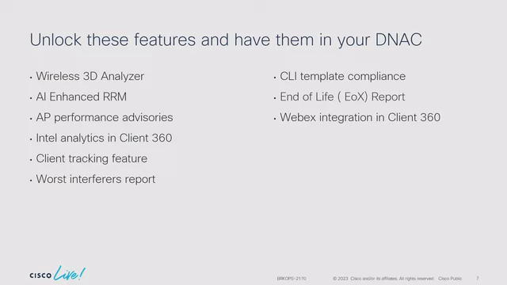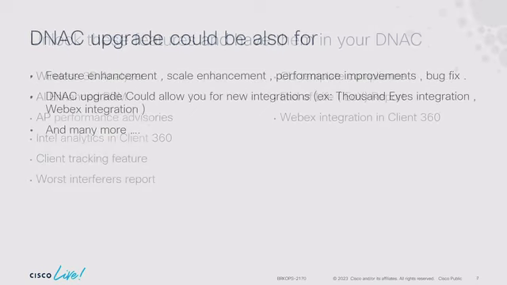Or because it's 2, there is no big difference? It's a huge difference. 2.1 is different from 2.2, which is different from 2.3. Let me tell you, 2.2 something is different from 2.2 something else. So with DNA Center, you really need to be on the recommended release so that you are unlocking all the capabilities and possibilities you have, right?